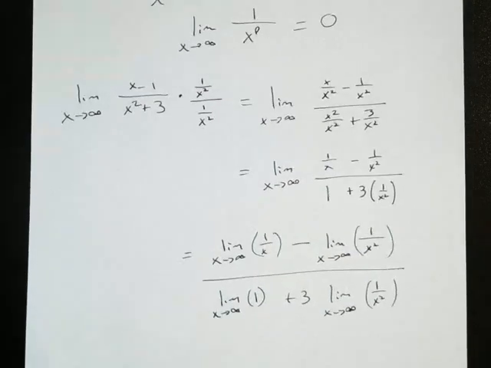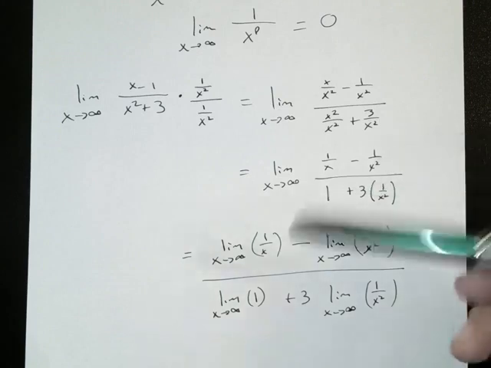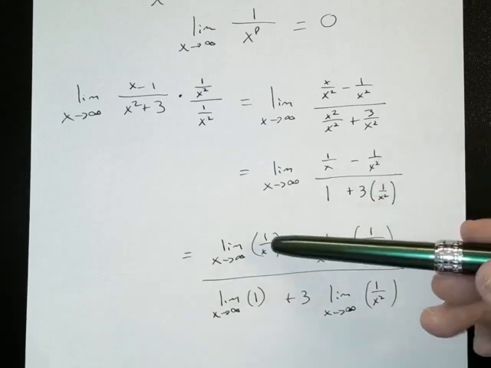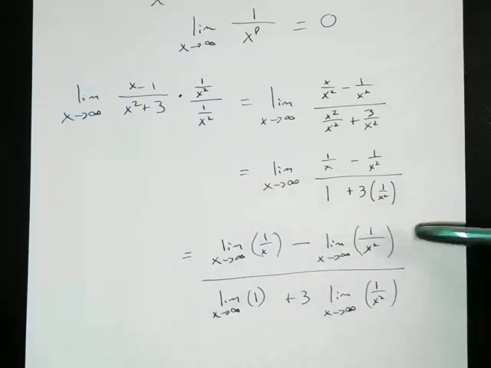Now notice that each and every one of the terms in parentheses, is something I know how to take the limit of. And on top, that's a 0. That's a 0.